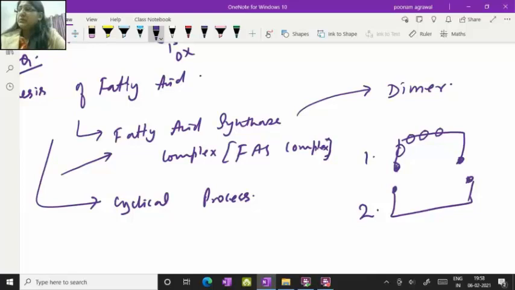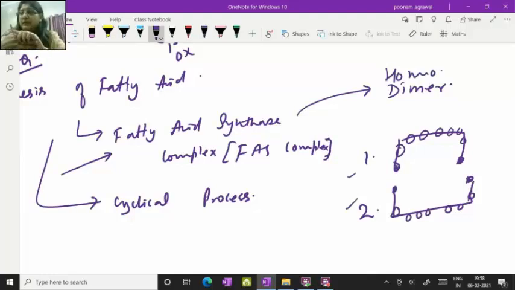These 2 enzymes are the same, so it's a homodimer.